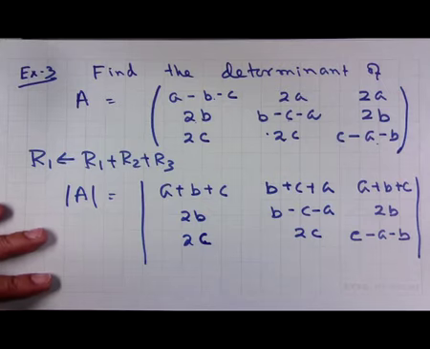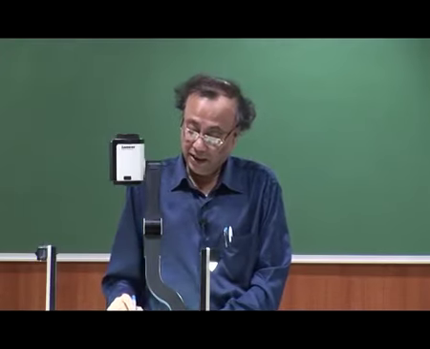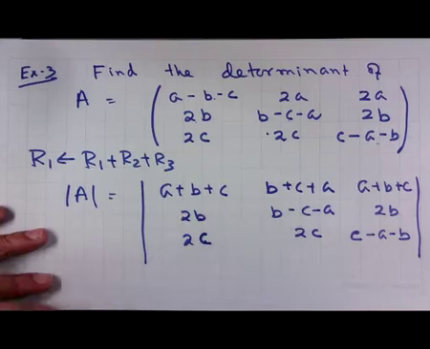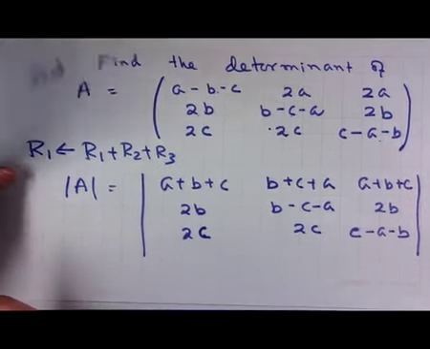What is the advantage? The advantage is that I can now take a plus b plus c common from the first row.